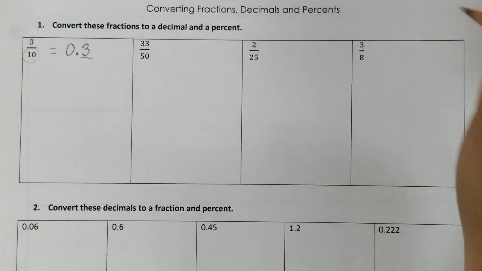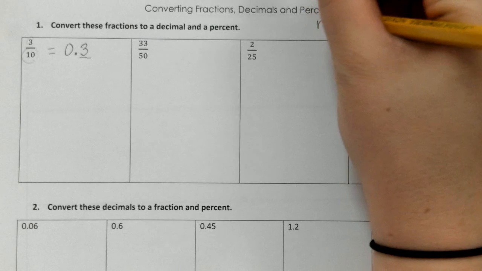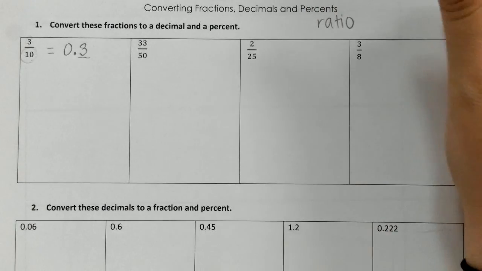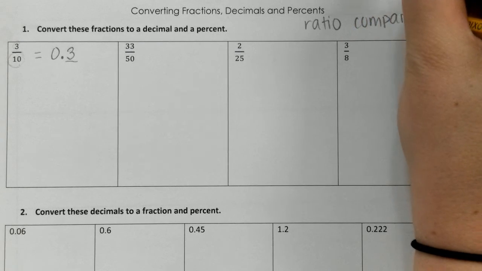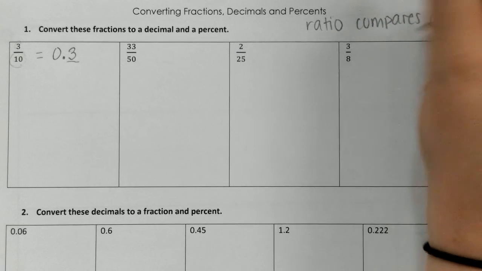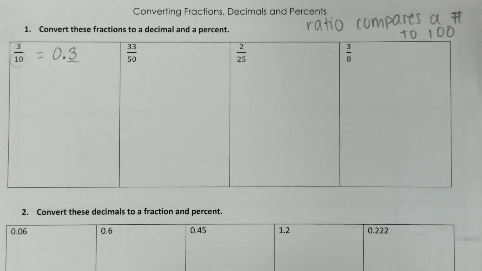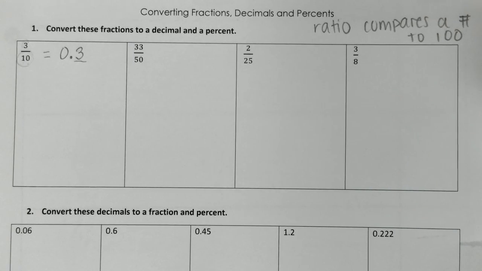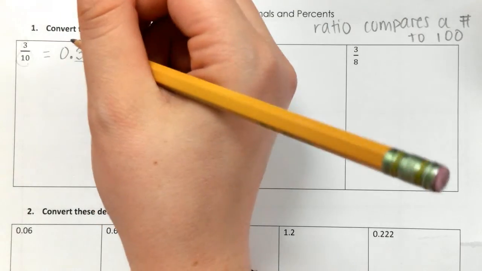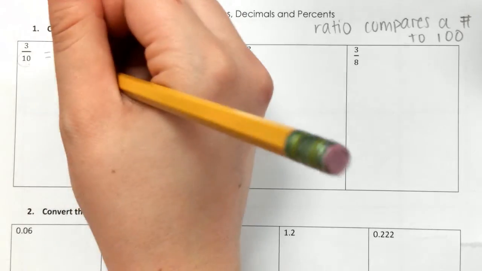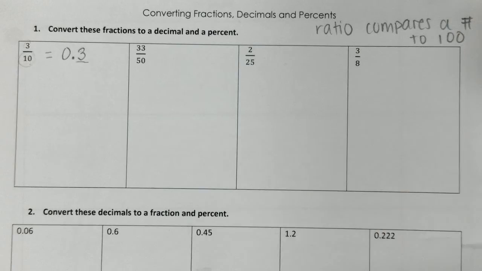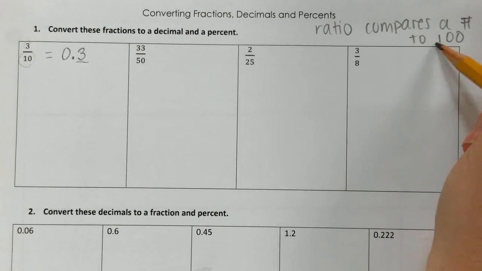Okay, and a percent, as a reminder, is a ratio that compares a number to 100, always. Okay, so to change this decimal to a percent, we are going to multiply the number by 100, because we're comparing it to 100.